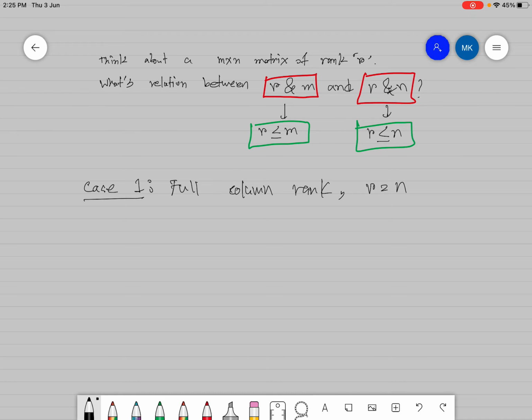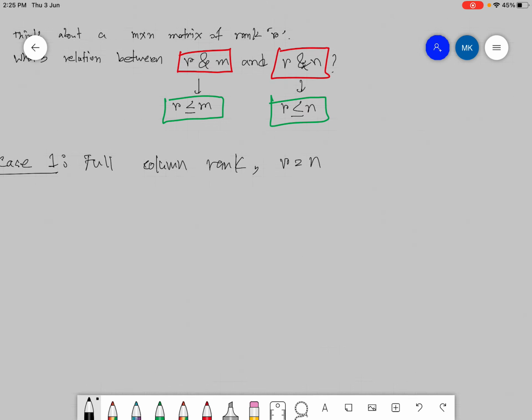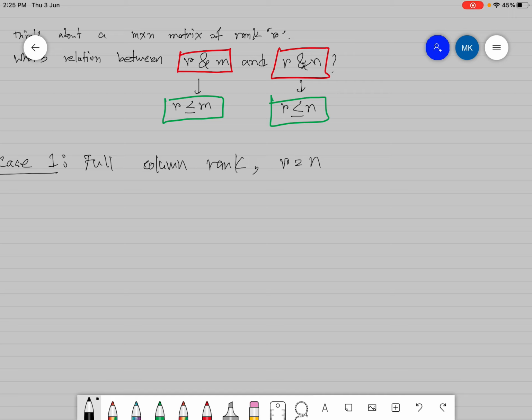For example, let's take this matrix A equals to a tall and thin matrix 1 2 6 5 and 3 1 1 1. So these 2 columns are independent. Why is this independent? Because column 2 is not a multiple of column 1.